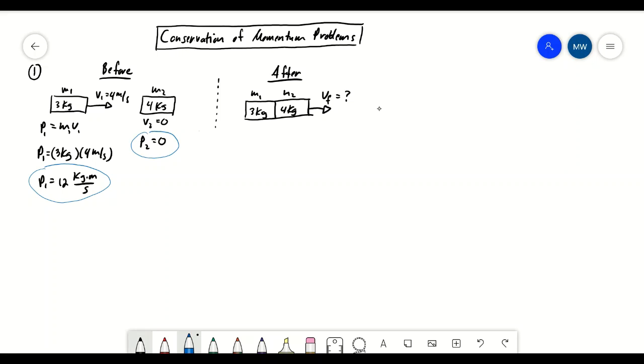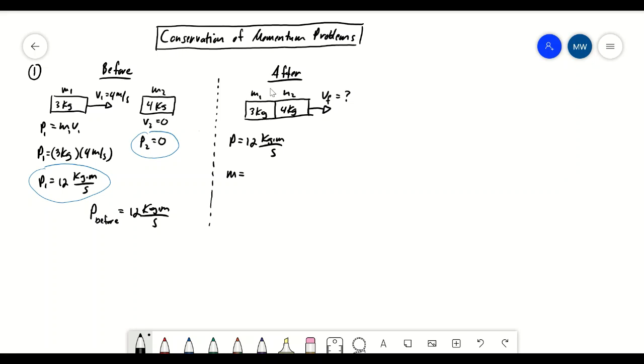So the total momentum before is 12 kilogram meters per second. And since momentum before has to equal momentum after, I know over here on this side, it must be 12 kilogram meters per second.